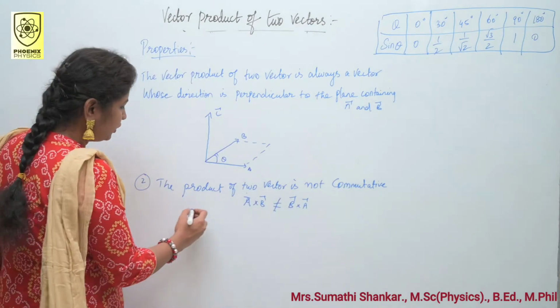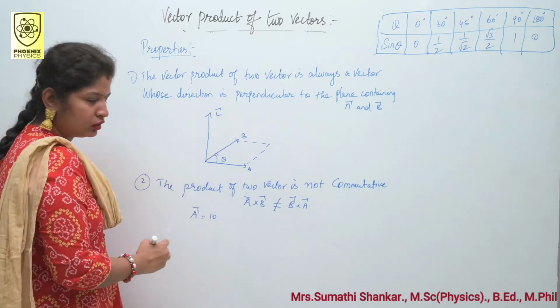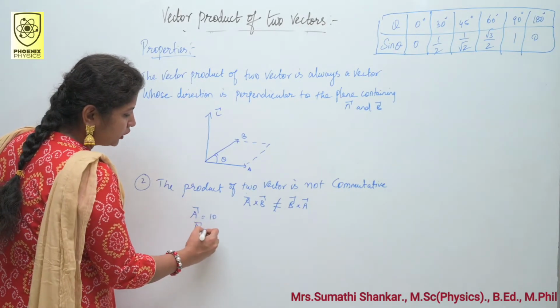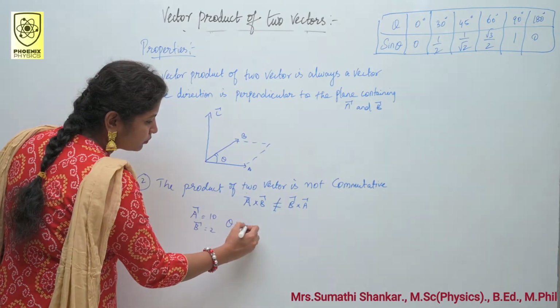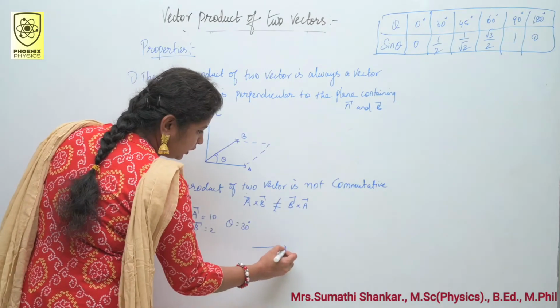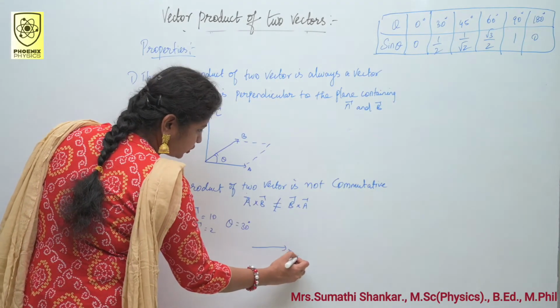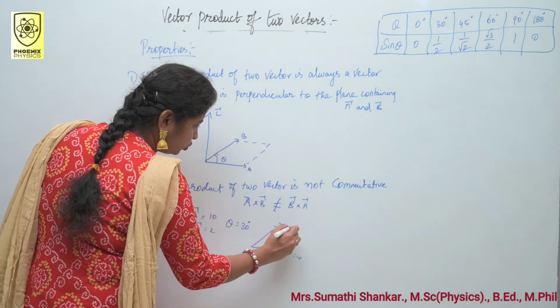For example, let's say A vector magnitude is 10, B vector magnitude is 2 and theta is 30 degrees. Then how do you find out A cross B? So this is my A vector, value is 10, and this is my B vector, value is 2.